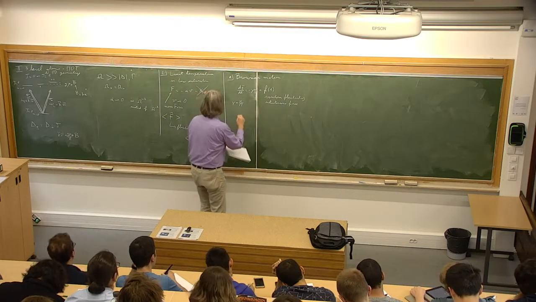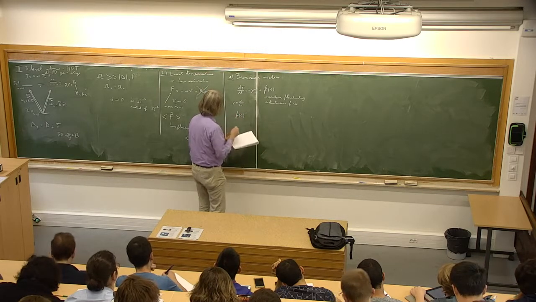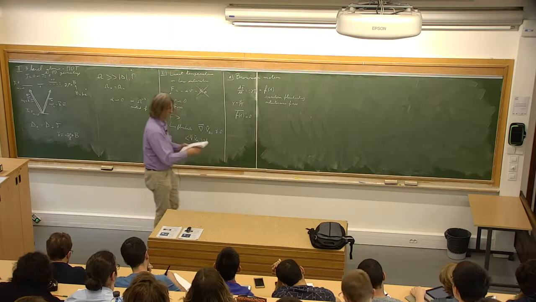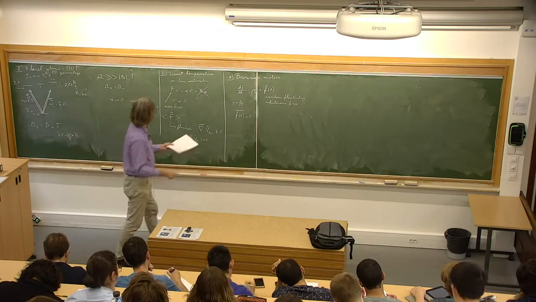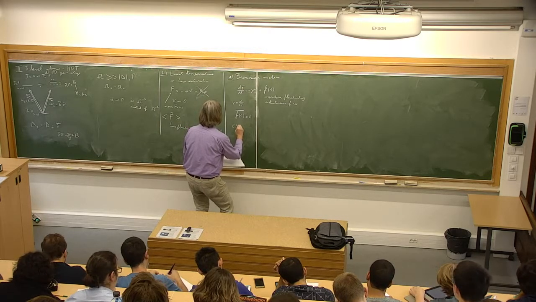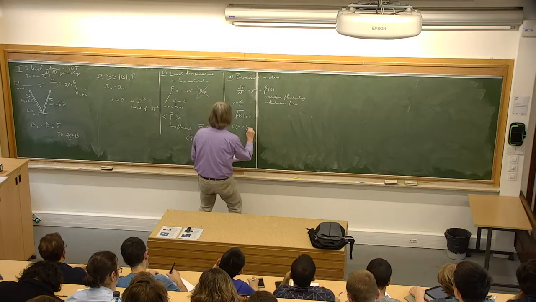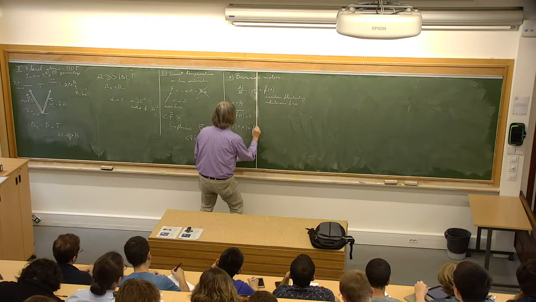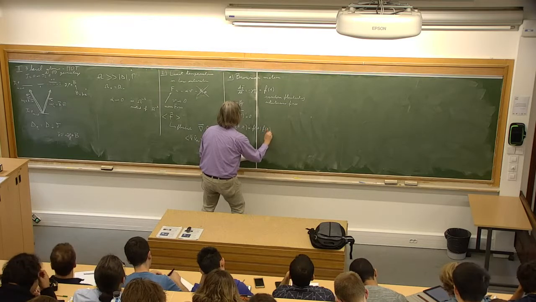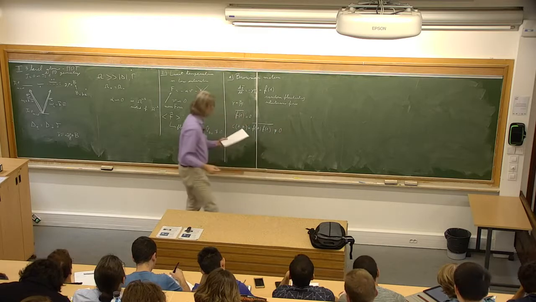So the random force is assumed to be 0 on average, but you can have some correlation between the force at two different times. So this is by definition f of t times f of t prime, and this quantity is a priori non-zero.